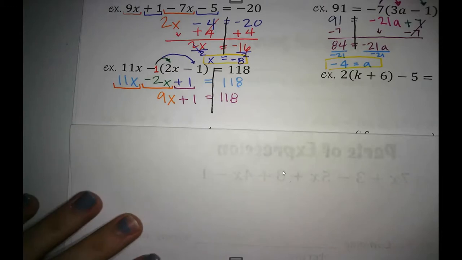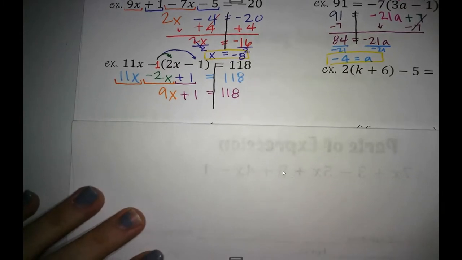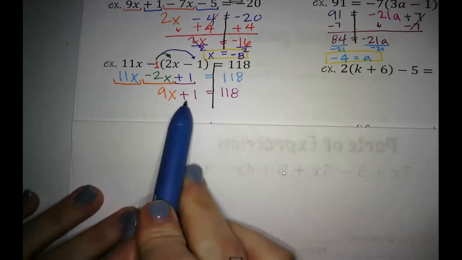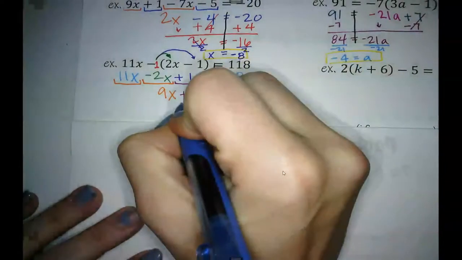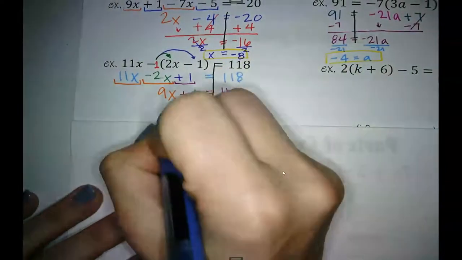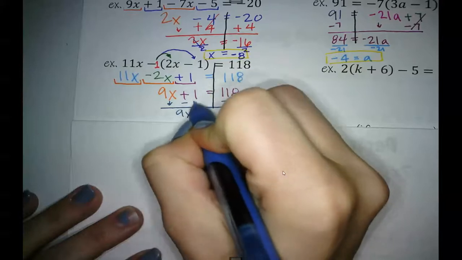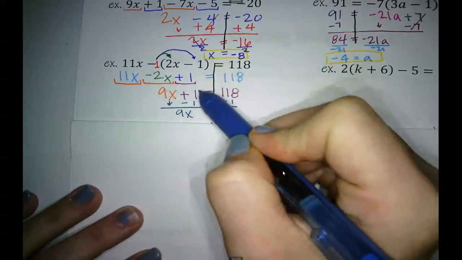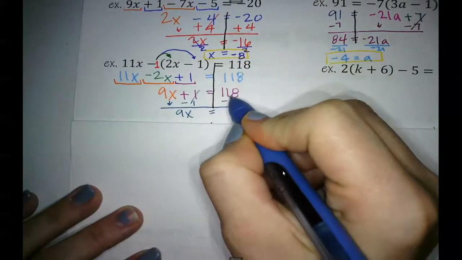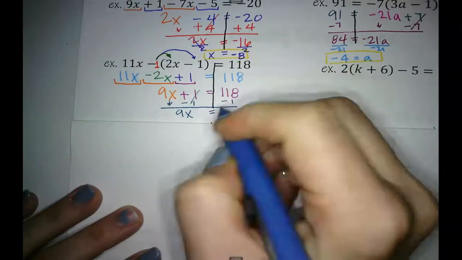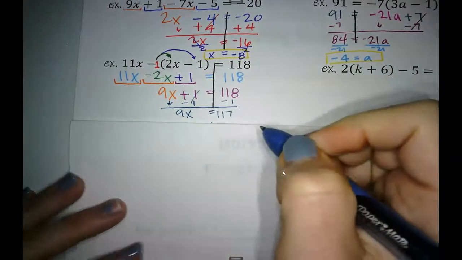All right, now I can go to my third step of solving. Undo the addition or subtraction. We've got addition of 1, so I'm going to subtract 1 from both sides. Nothing happened to this 9x yet. Positive 1 minus 1 is 0. 118 minus 1 is 117.